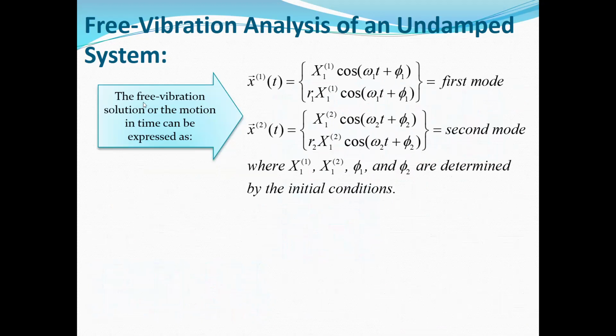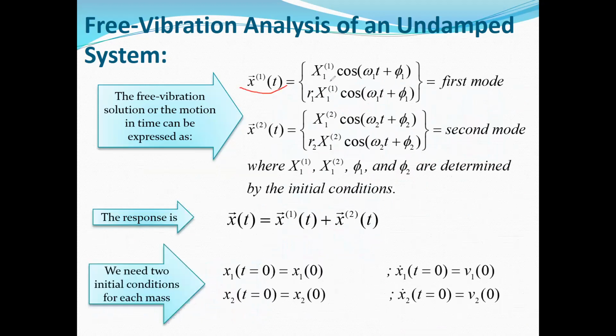And finally, as I told you, we will have the response. As you can see, this is x1(t), which in fact is for the first frequency or the first mode, and this x with superscript 2 is the second mode, or the response due to the second natural frequency.